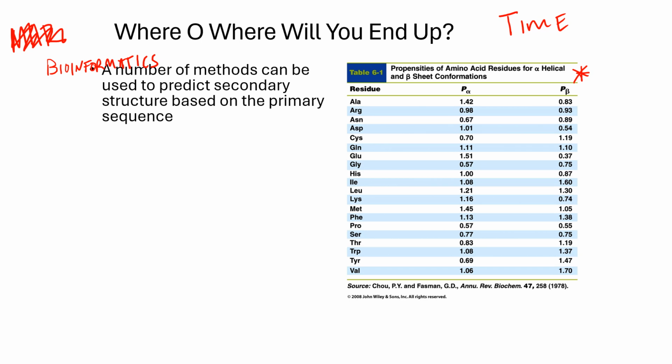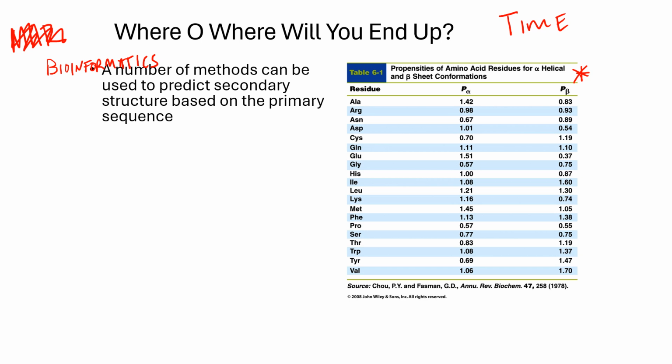And this paper basically set out to say, here's all the data that we have in the realm of protein structure prediction. We have all these secondary structures that have been resolved. And what we're going to do is use that information to say, well, we think that this secondary structure might be formed.